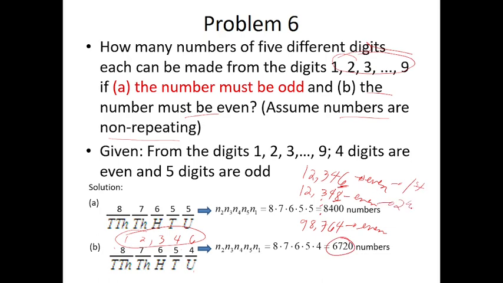This is the second, and this is the 6,720th number that can be obtained from the digits 1 to 9. It's so many, right? So they are all in all 6,720. Okay, so I hope you get it. So we can proceed now.